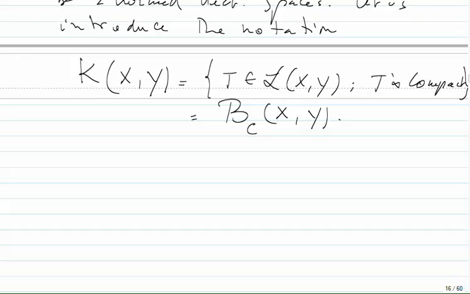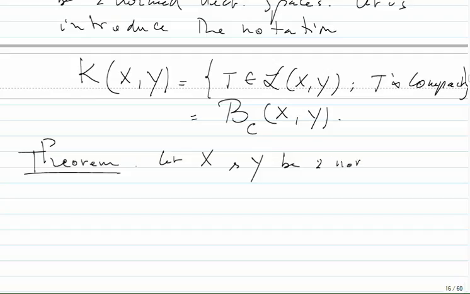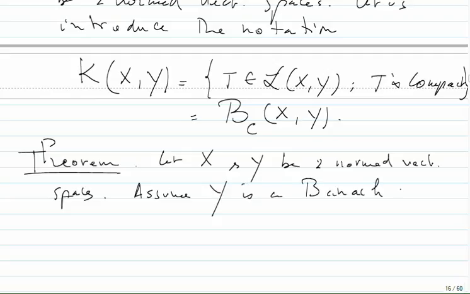So number one, theorem. Here let X and Y be two normed vector spaces. Assume Y is a Banach space.